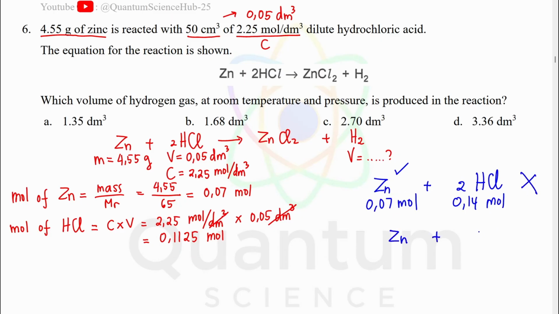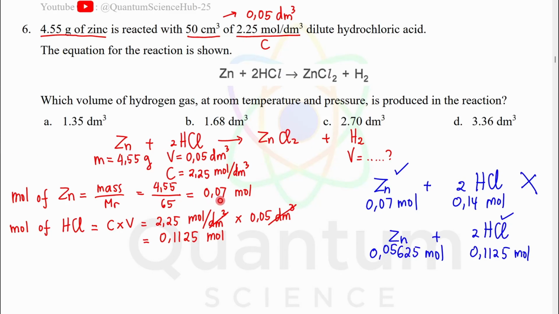Now let's try if I'm using HCl as the reference. So I have 0.1125 mole, but remember, this is for 2 molecules. So how many moles for 1 molecule of zinc? So we divide 0.1125 by 2, which is 0.05625 mole.